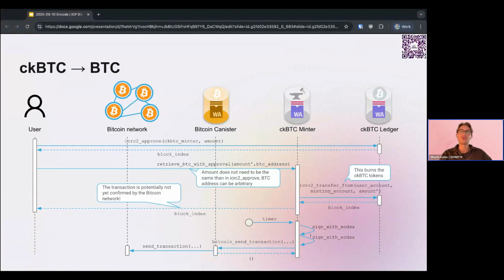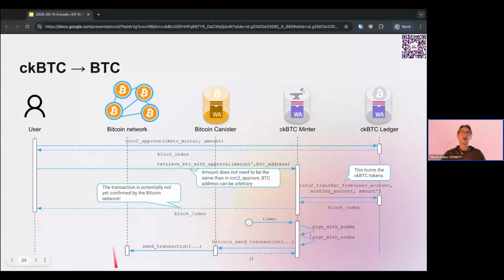But yeah, we're not going to go into the details. So at some point, the UTXOs that belong to your withdrawal have been signed, and then the ckBTC minter sends this signed transaction using the Bitcoin send transaction API to the Bitcoin canister, and that again is then forwarded to the Bitcoin network, where it's mined, and then at some point you receive your Bitcoin.